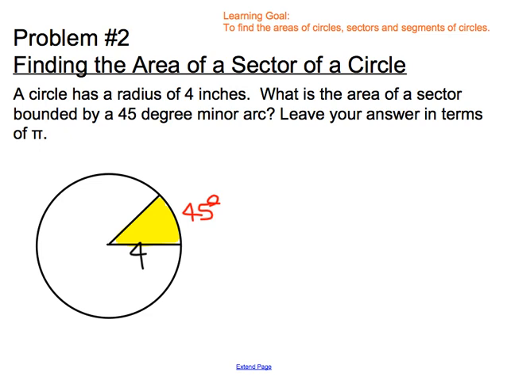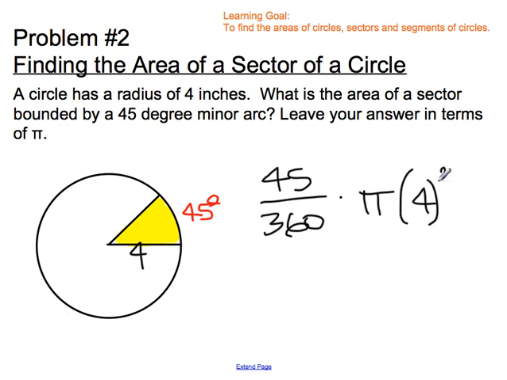Remember, in order to find the area of a sector, we take the measure of the arc, divide that by 360, that's how we get the fraction of the circle, and we multiply this by the area of the complete circle, pi times the radius squared. First, let's simplify the fraction. 45 over 360 becomes 1 over 8.